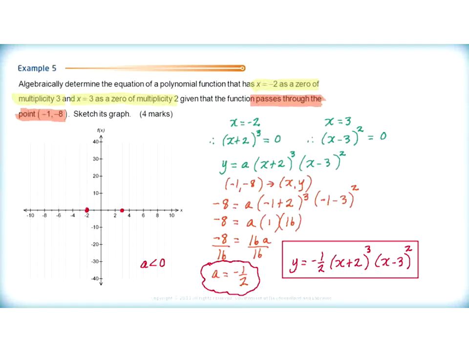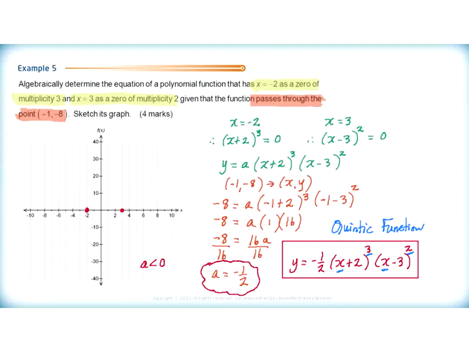When you look at the equation of the polynomial function, you have x raised to the power of 3 multiplied by x raised to the power of 2. So this graph will represent a quintic function, in which the graph will be what I refer to as a squiggle.